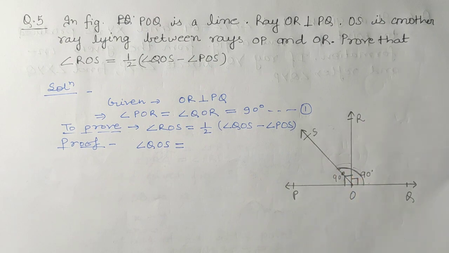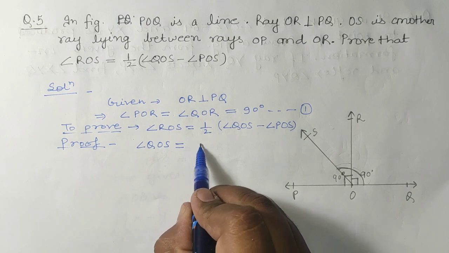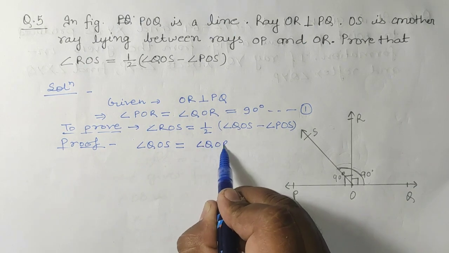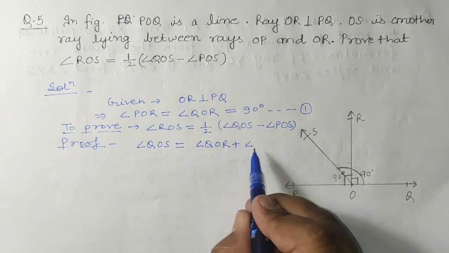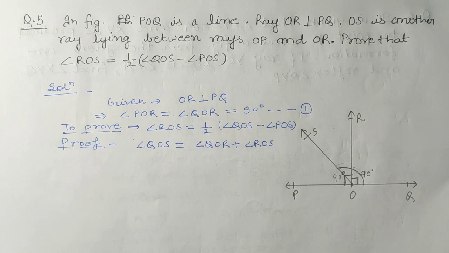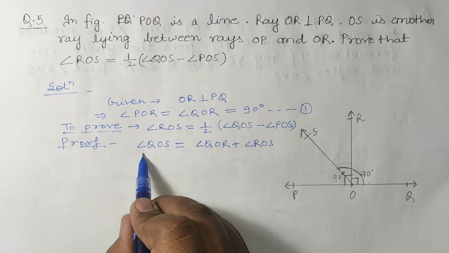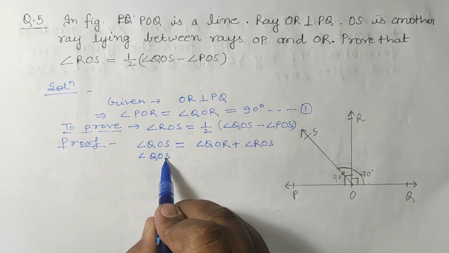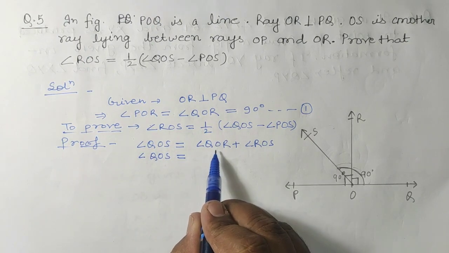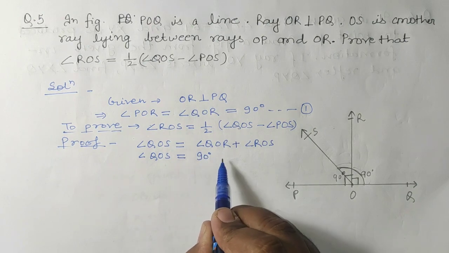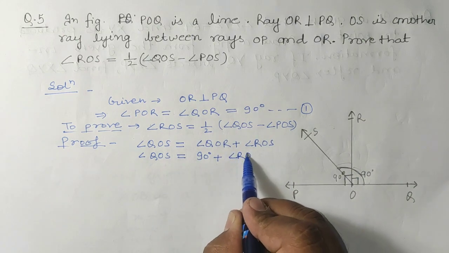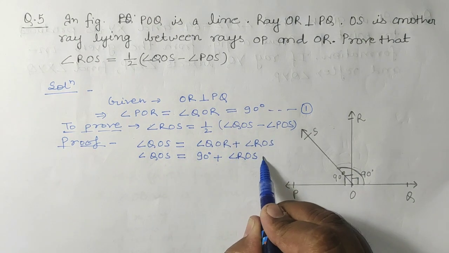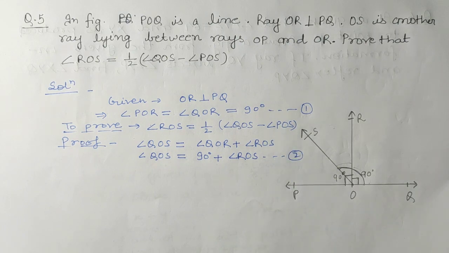So we can write angle QOS is equal to angle QOR, this angle, plus angle ROS, like this. After that, we can write this step also. QOS is equal to QOR, and QOR is 90 degree, right? So we can write here 90 degree plus angle ROS. So ROS will be written as it is. Suppose it is your equation number 2.